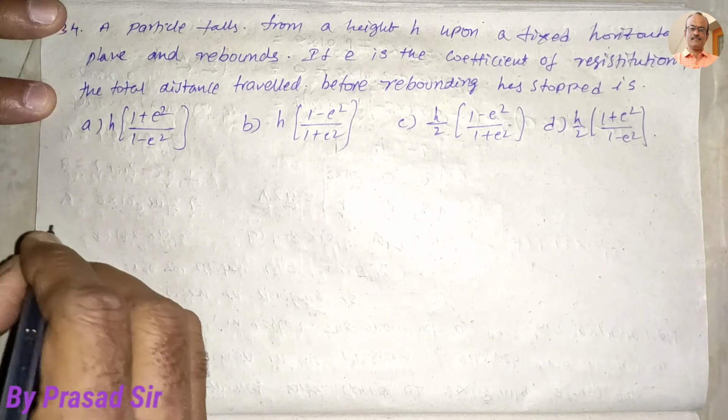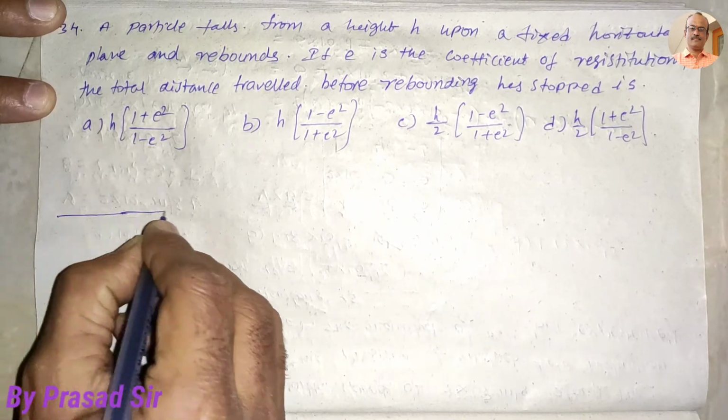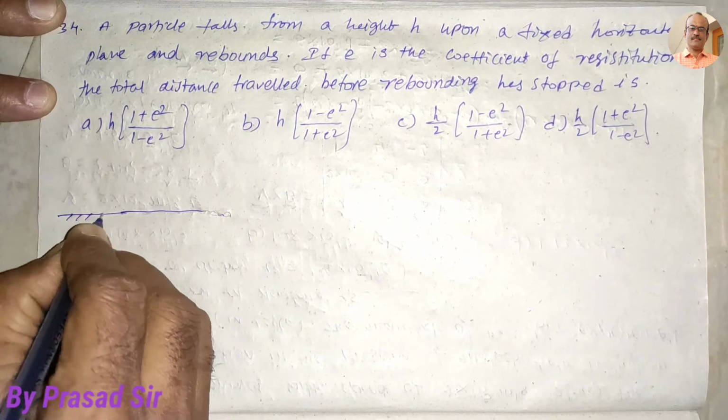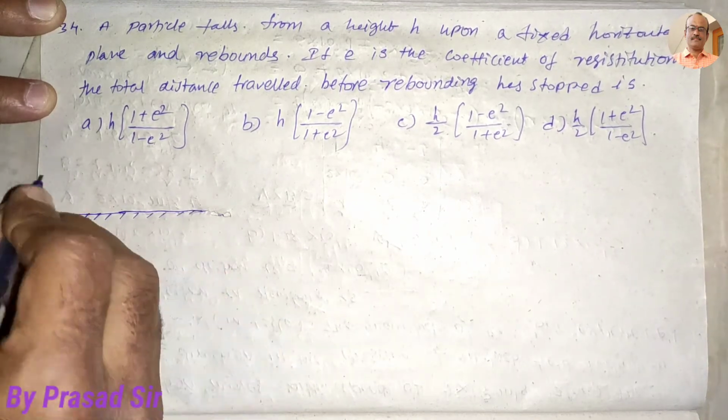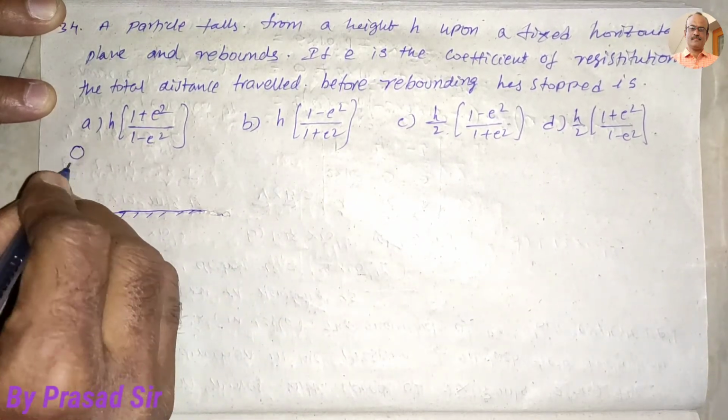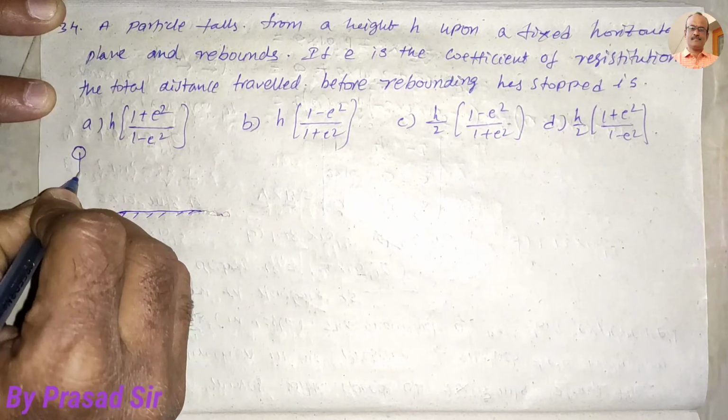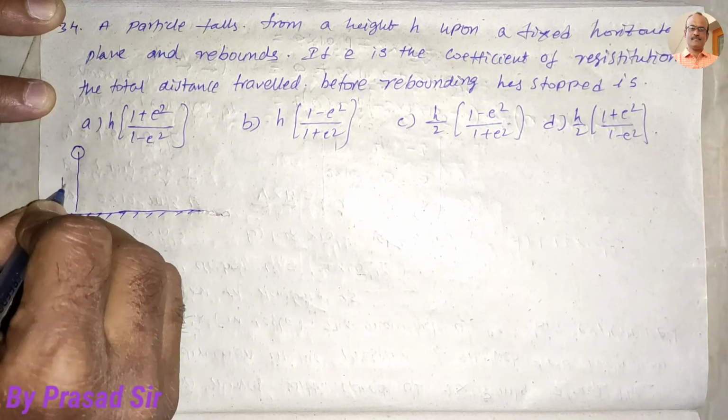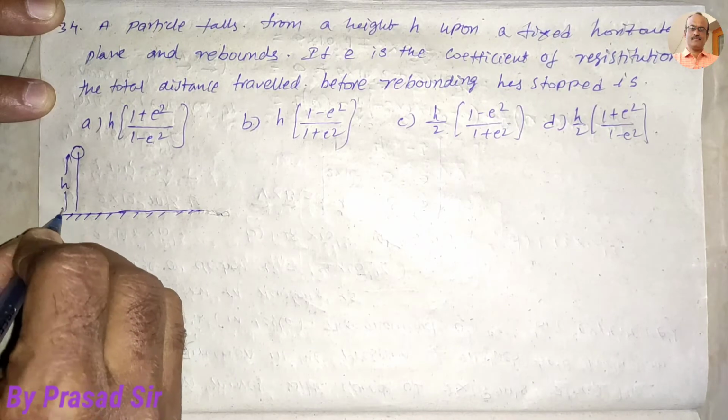So here first of all, it must be the ground, and here there is a ball which is dropped from a certain height, that is taken as some height h here.